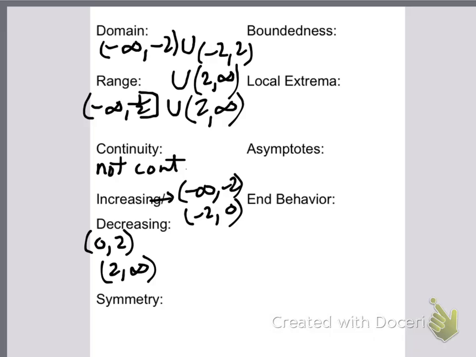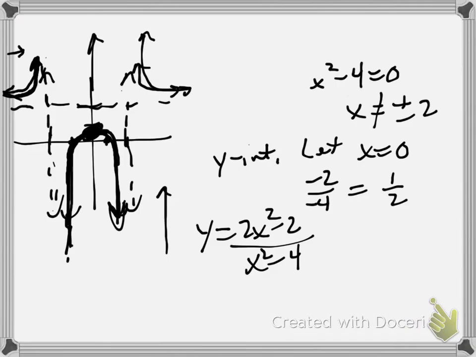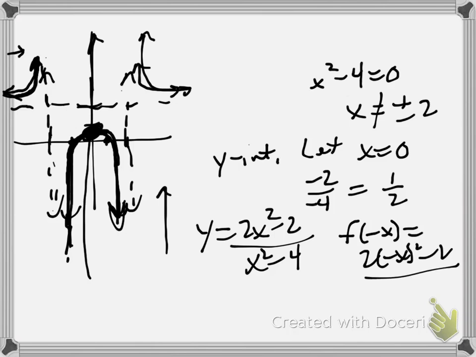What else do we have to find here? Symmetry. If you think about it, this graph is really symmetric about the y-axis. Now, how do you figure that out? Well, plug in f of negative x. What happens? 2 times negative x squared minus 2 over negative x squared minus 4.